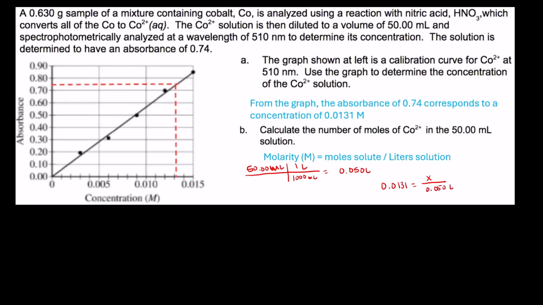All we're going to do is multiply the liters on both sides to solve for the moles. Once we do that, we get moles equals 6.55 times 10 to the negative fourth. I just multiplied 0.05 times 0.0131 to get moles, based on the fact that molarity is moles of solute over liters of solution.